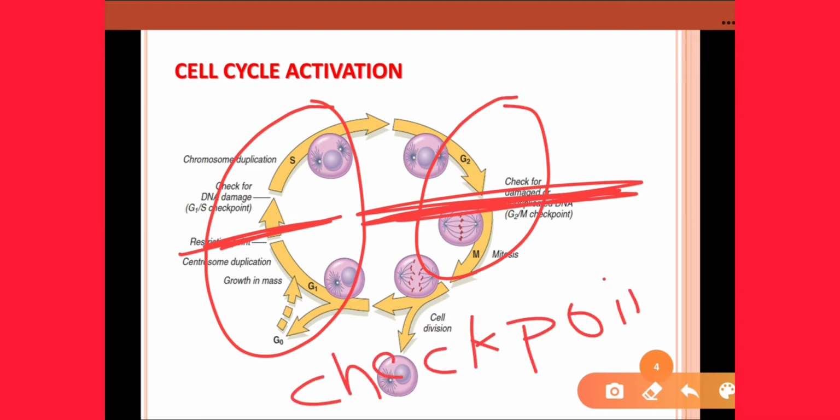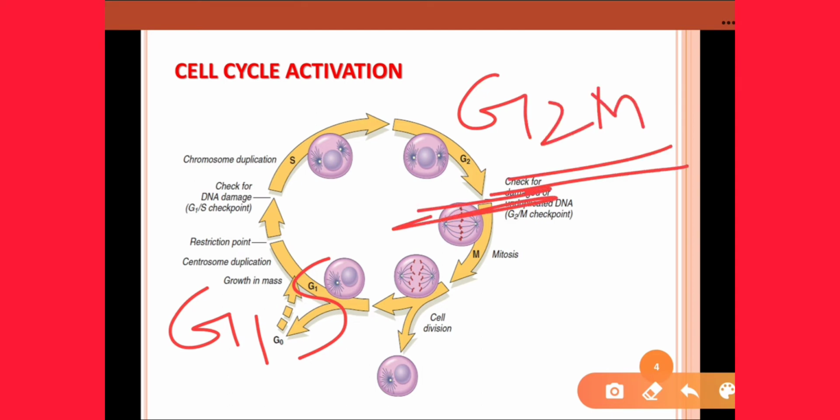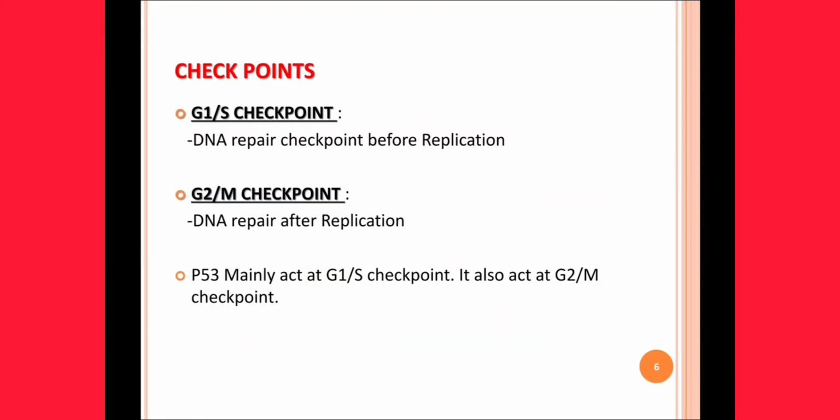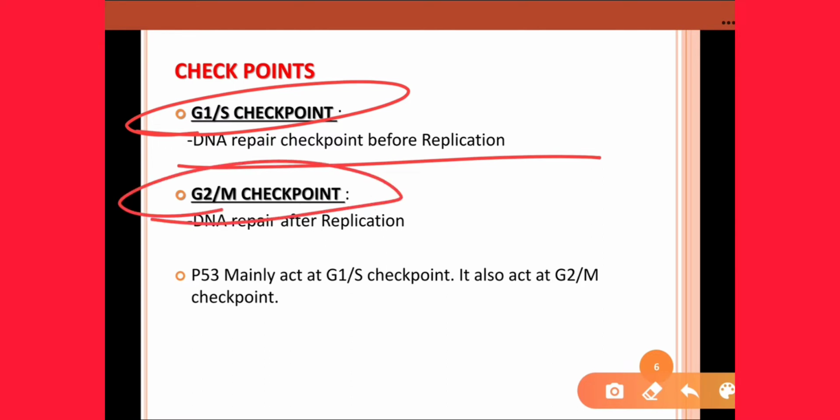So there are two checkpoints for DNA repair or cell cycle arrest, known as the G1S checkpoint and the G2M checkpoint. The G1S checkpoint will repair the DNA before replication and G2M will repair the DNA after replication.